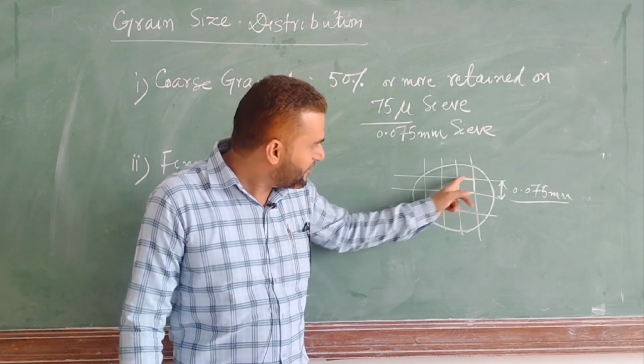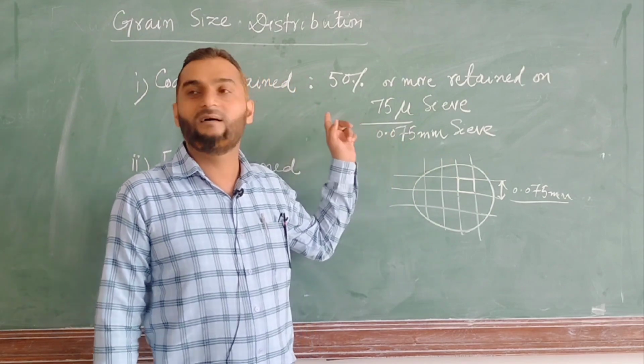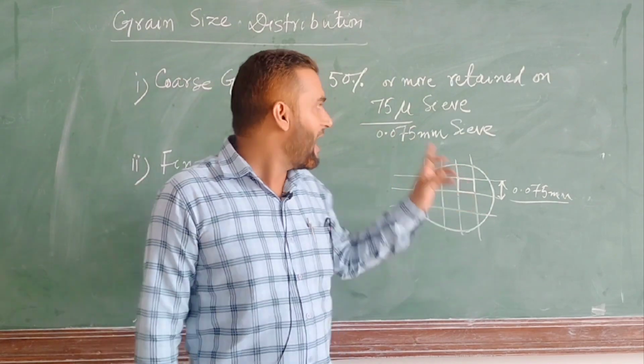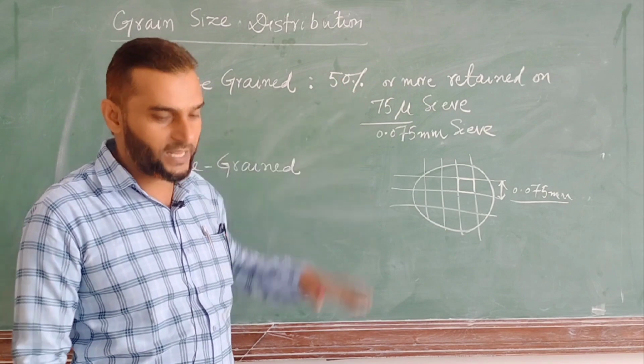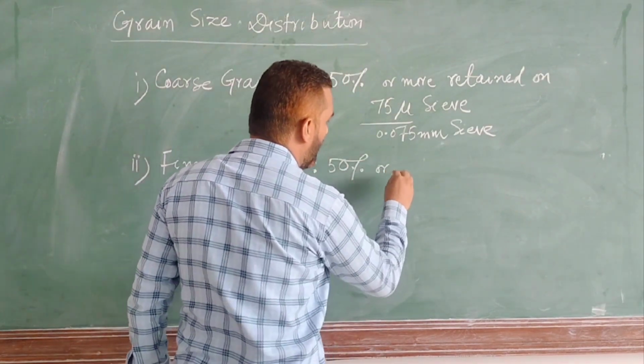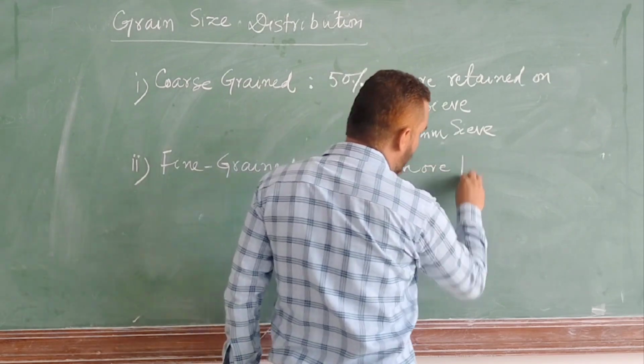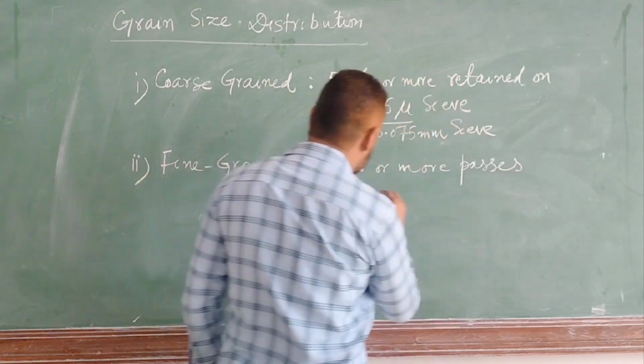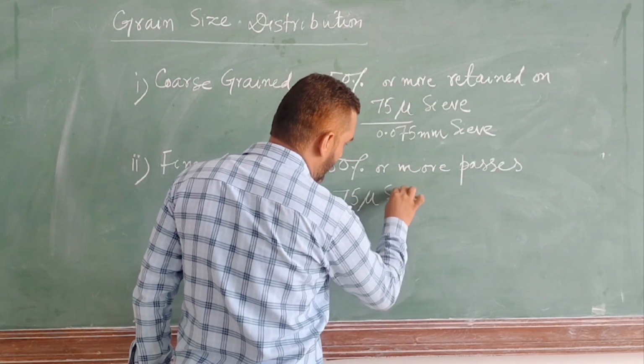If the soil passes through this opening, then it is fine grain. If it is retained on this, then it is coarse grain soil. If 50% or more passes through the 75 micron sieve, then it is fine grain soil.